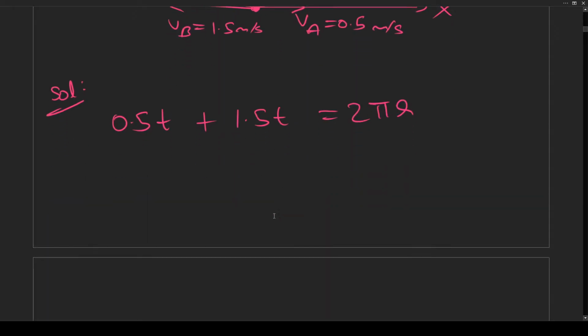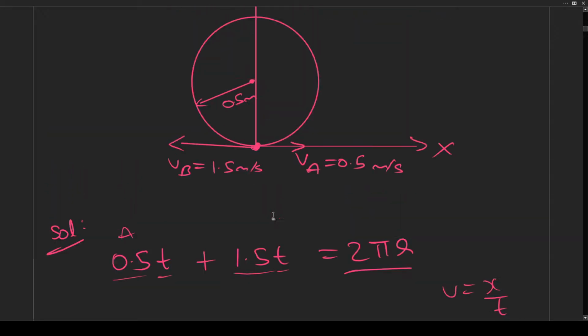How we got this: velocity is x by t, so v times t is equal to x, the total distance covered by the first particle, that is particle A, times total time. And 1.5 is the second particle's velocity Vb, times the time taken. The total they can cover is 2 pi r, that is the circumference of the circle.